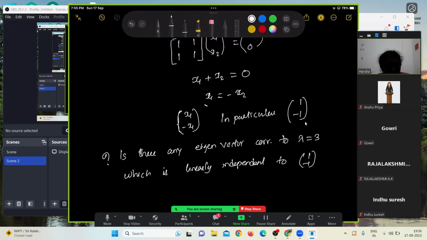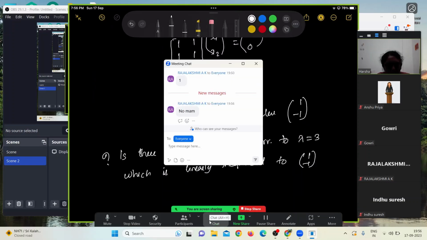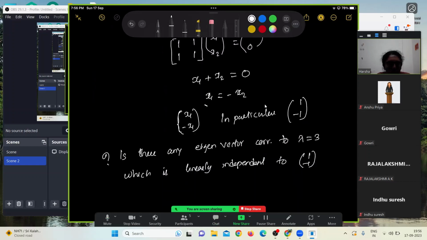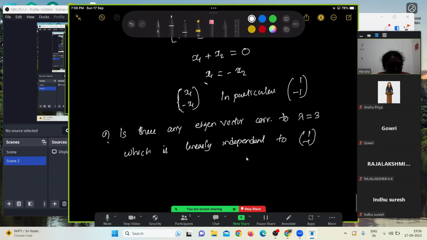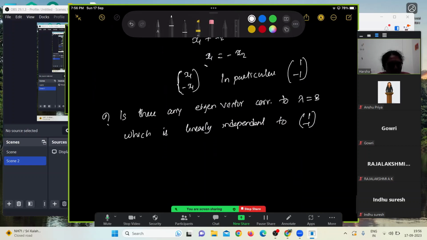Before going to this answer, what is the geometric multiplicity of 3? Someone has written, no, because we have characterized all the eigenvectors corresponding to 3 as x1 minus x1.